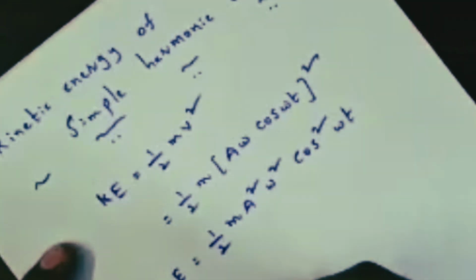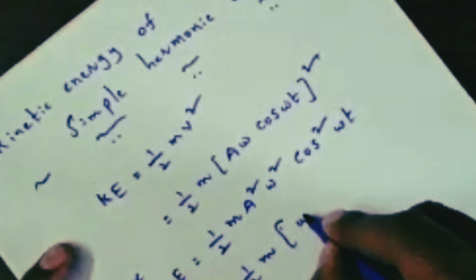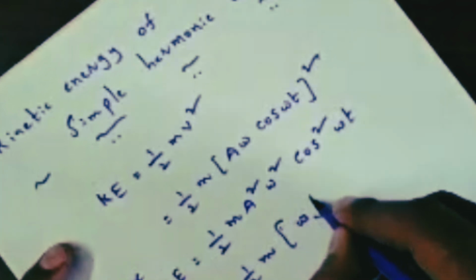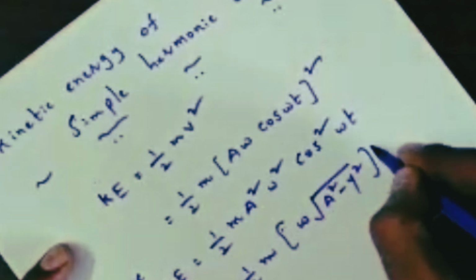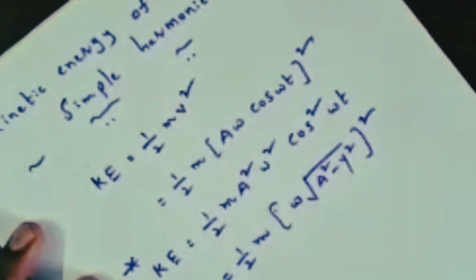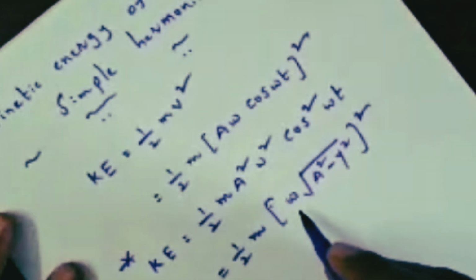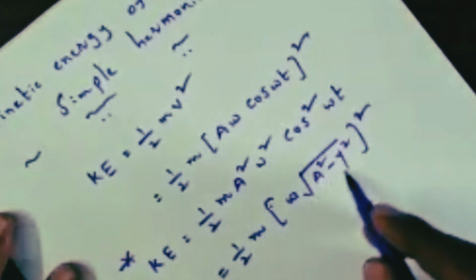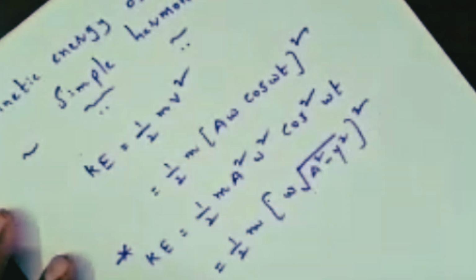Now with this we are taking one more thing. This is one formula. One more formula of v we have: omega root over a square minus y square. Half m v square, where v is the velocity of the simple harmonic oscillator, omega root over a square minus y square, whole square.